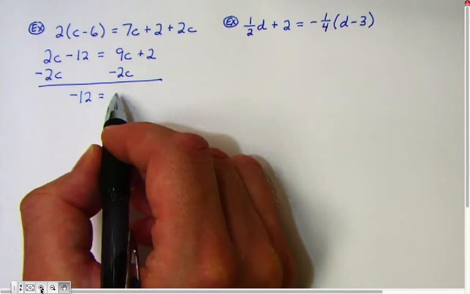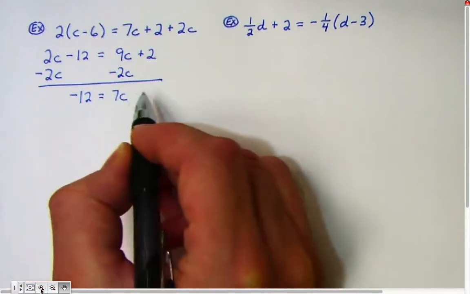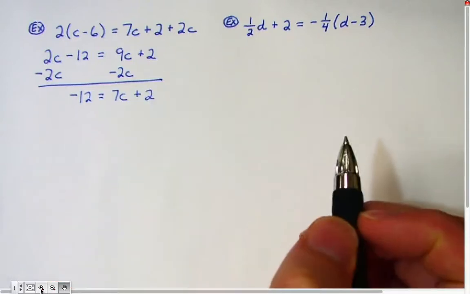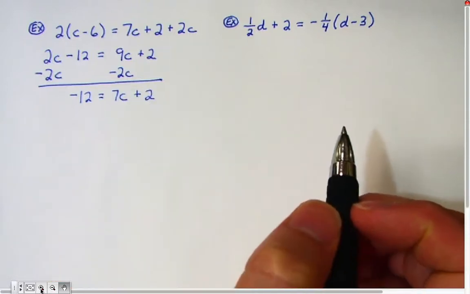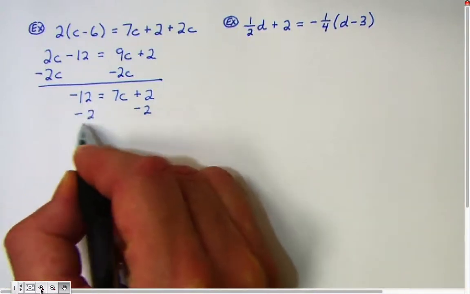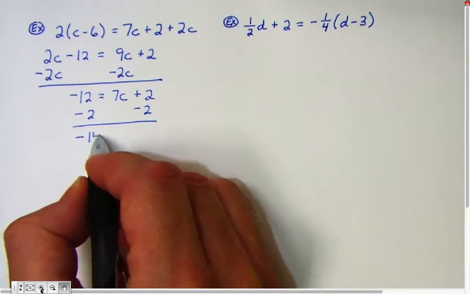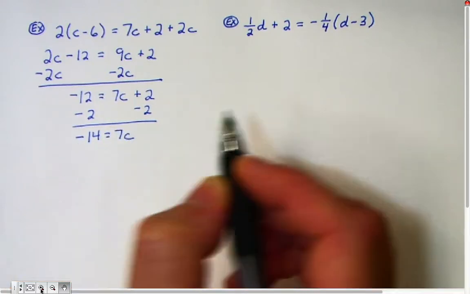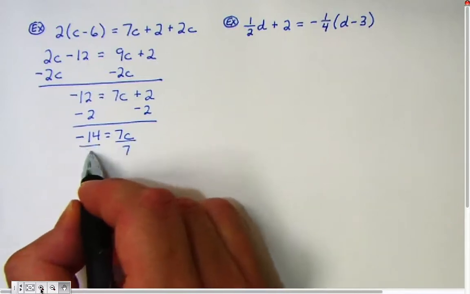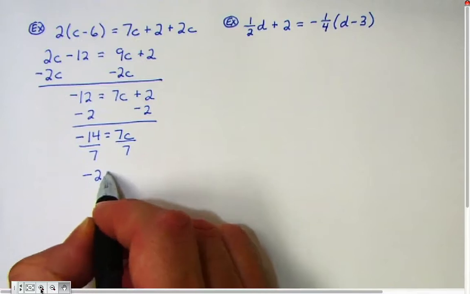On the right side of the equal sign, 9c minus 2c is 7c, and then plus 2. Okay, now we're going to subtract 2 from each side. And we have negative 14 is equal to 7c. Divide each side by 7, and we have negative 2 equals c.